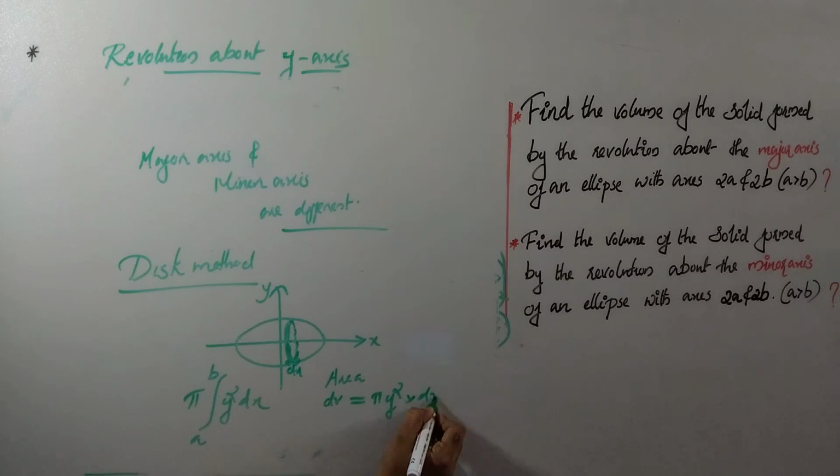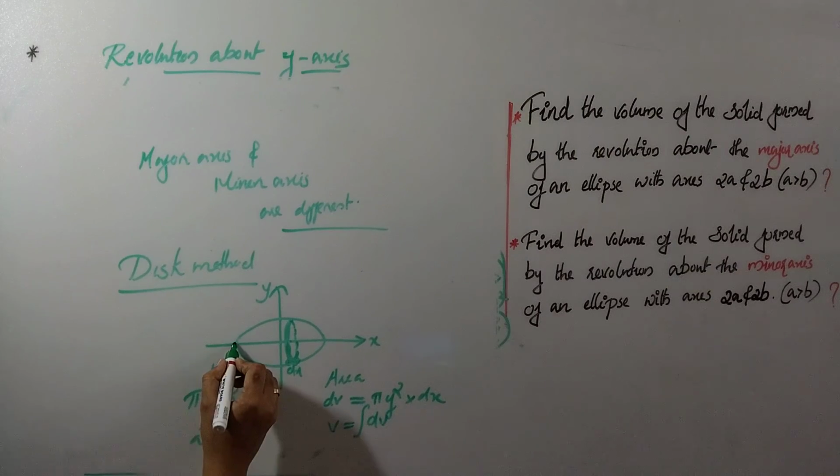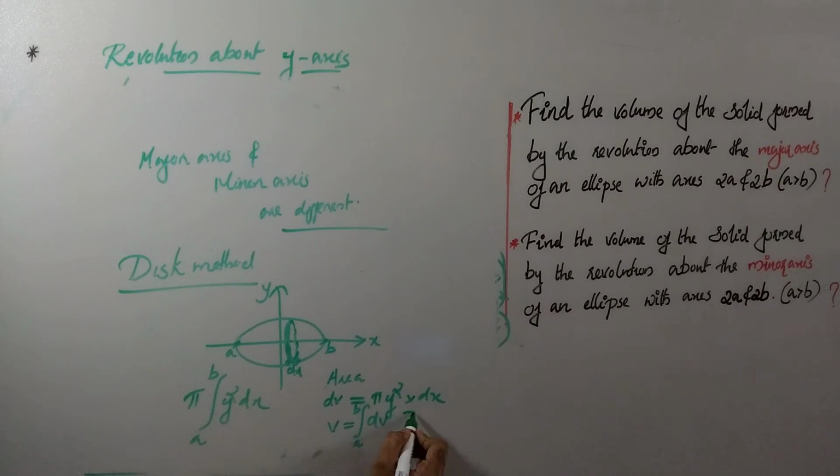So pi y square into dx. Now to get the total volume V, we should integrate it from a to b, integral a to b dV. That is integral a to b pi into y square dx.